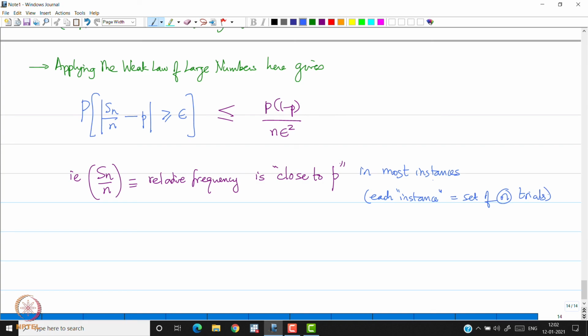And again we can put precise numbers based on the values of epsilon and n, and basically this gives us the theoretical justification for using the relative frequency Sn by n as an estimate of p.